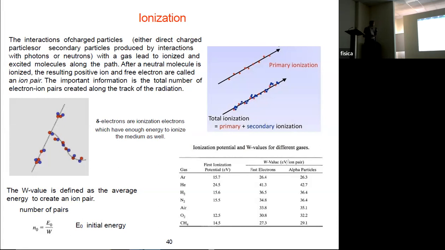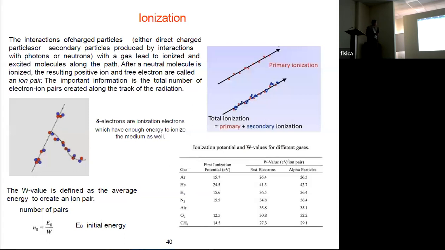Here you can see, for example, E sub 0, this is the initial energy of the particle which interacted with the material. And here you can see n sub 0, which is E divided by the W value.